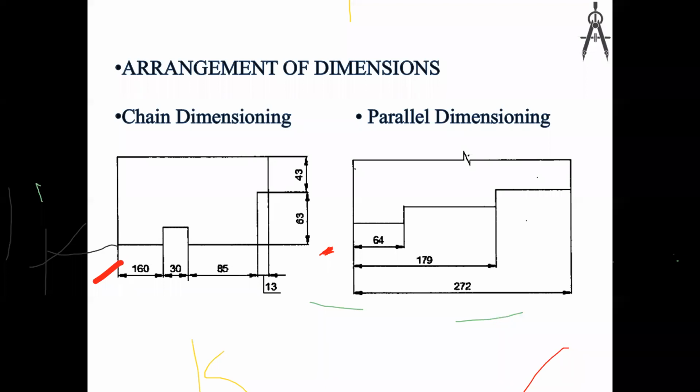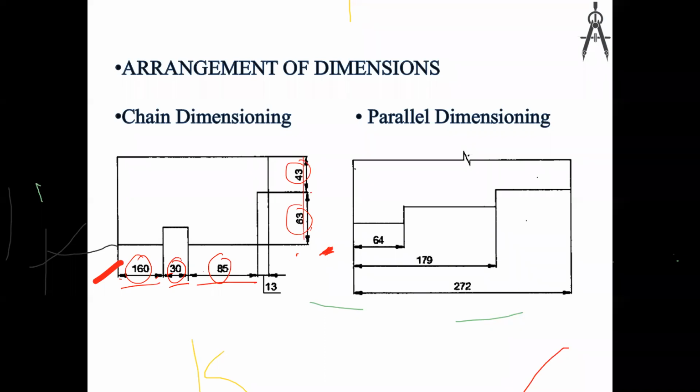Now the arrangement of the dimensions. This is called chain dimensioning. As Dinesh asked, in a chain you continuously put the dimensions between the spaces: 160, 30, 85 and 63, 83, 43, like that.